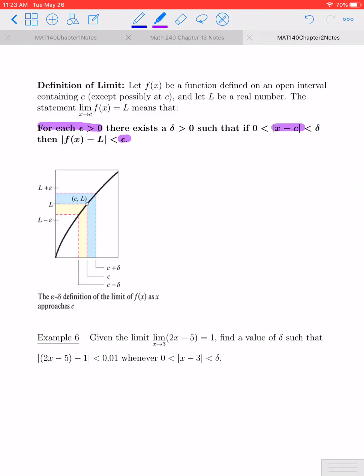Meaning there exists a delta such that if the distance between x and c is less than delta, then the difference between f of x and L will be less than epsilon. This is the classical epsilon delta definition of a limit.